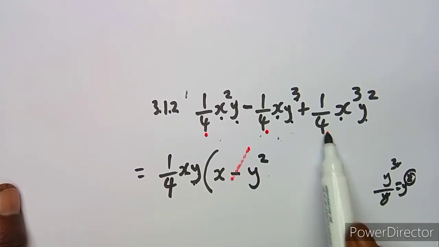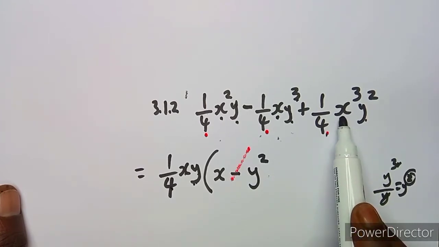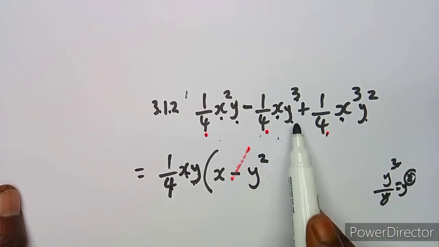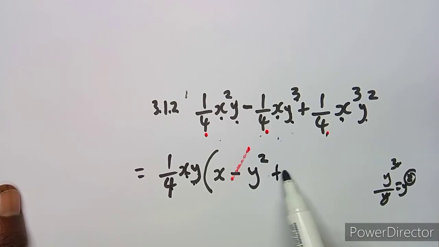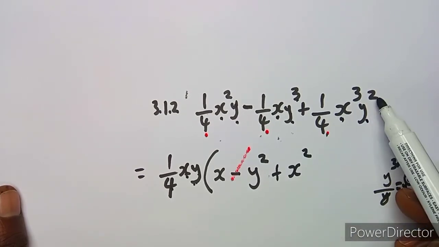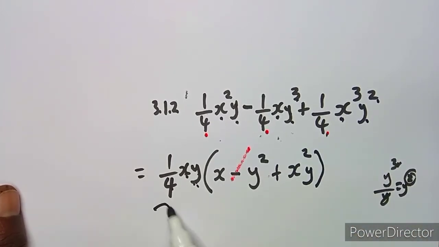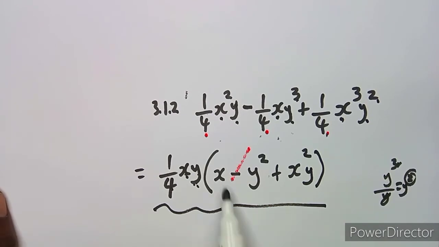The same thing, 1/4 and 1/4 will cancel. X to the exponent of 3 divided by x is the same thing as what we had for y there, so it's going to be x to the exponent of 2. Y to the exponent of 2 divided by y is going to give us a y. As we can see, inside the bracket there is nothing common.